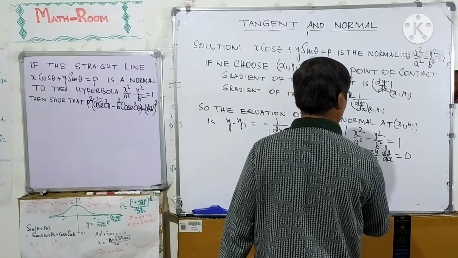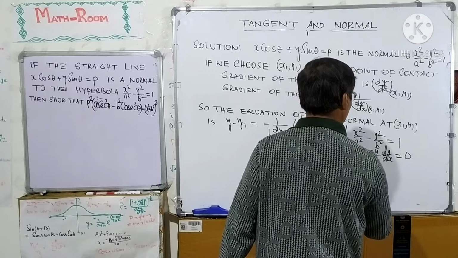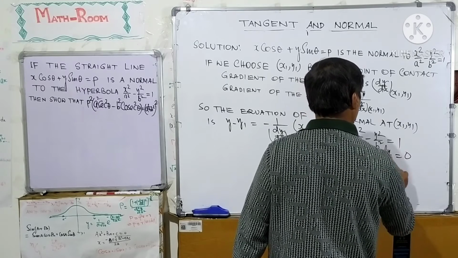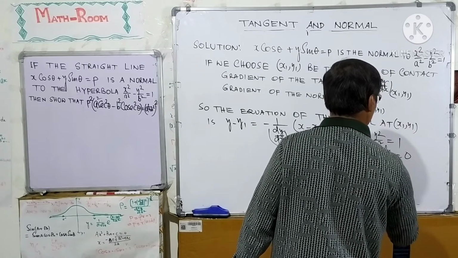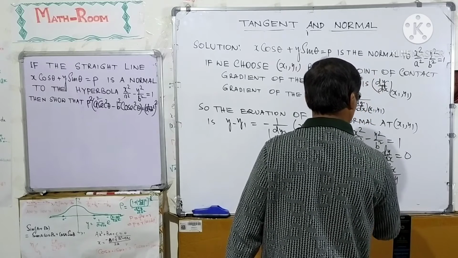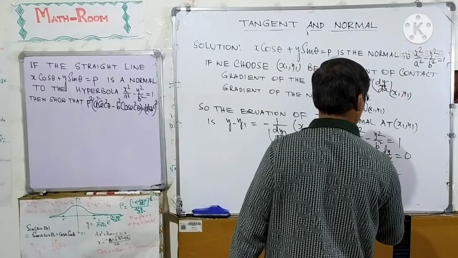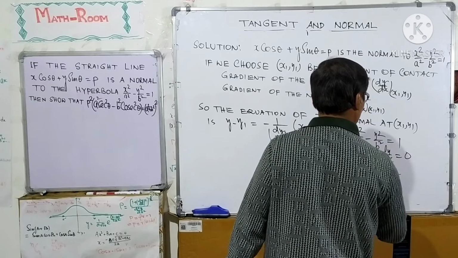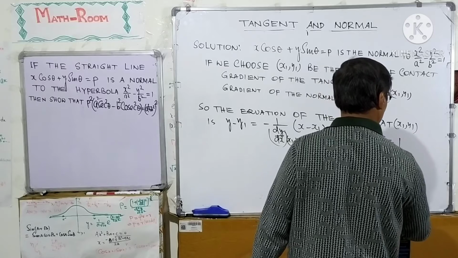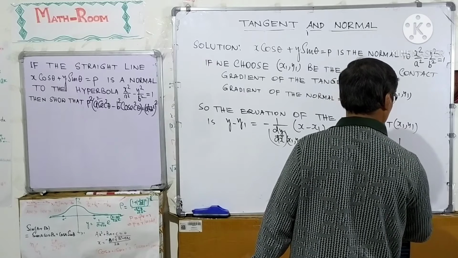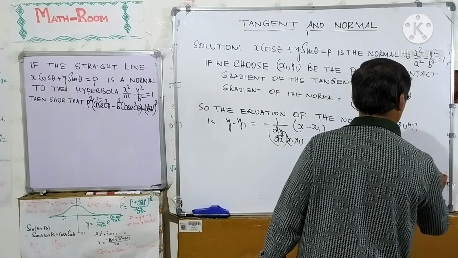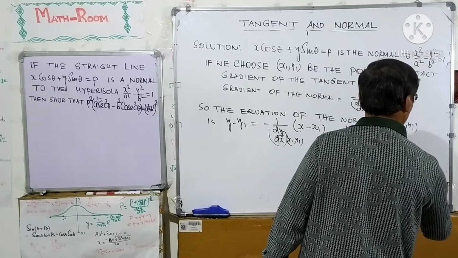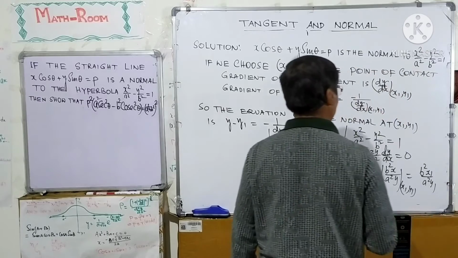So dy dx equal to b square x over a square y, and the value of dy dx at x1 y1 is equal to b square x1 over a square y1.